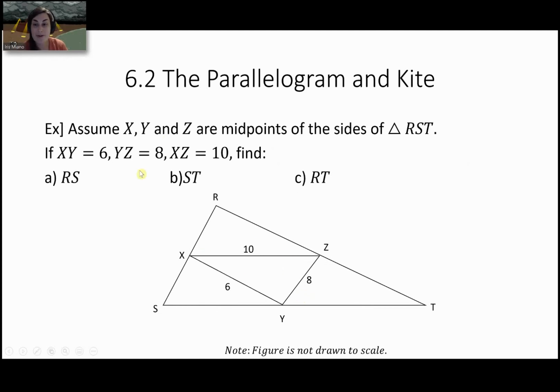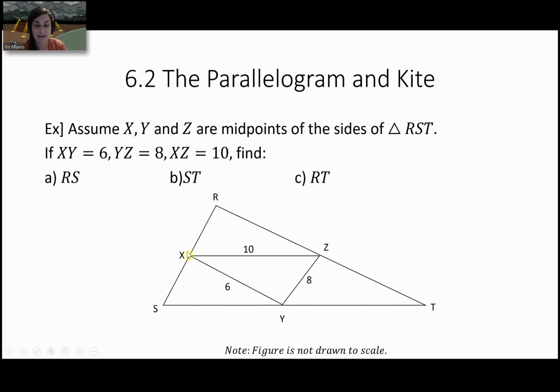Okay, so notice that X, Y, and Z are midpoints of the sides of triangle RST. Specifically, X is the midpoint of RS, Z is the midpoint of RT, and Y is the midpoint of ST. So we have this inner triangle that has edges marked as far as their length are concerned.